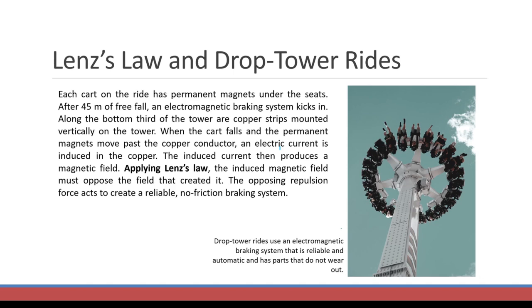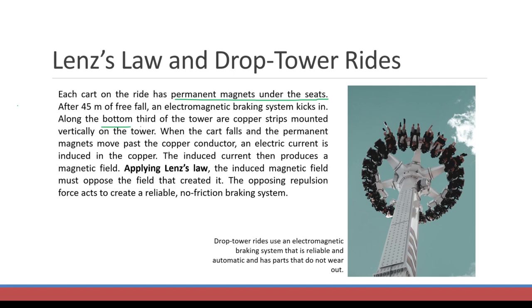Lenz's law has some fantastic applications in the real world. One of them is the drop tower rides that you see in amusement parks. The way it works is each cart on the ride has permanent magnets under the seats. After 45 meters of free fall, an electromagnetic braking system kicks in.